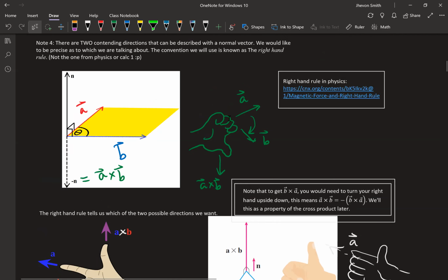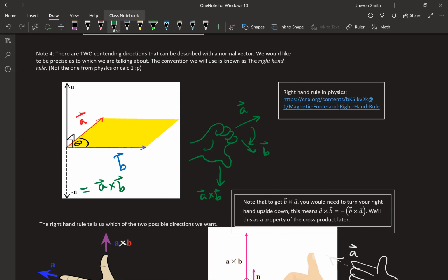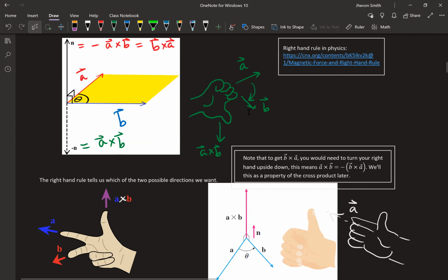Now, of course, that automatically gives you the fact that the n here would be minus A cross B. And in fact, you would notice that that is in fact B cross A. So now that's what we'd have. Okay, so we're piecing together what a cross product has to behave like. We know the properties we want it to have, and now we know exactly what direction we need it to actually point into.